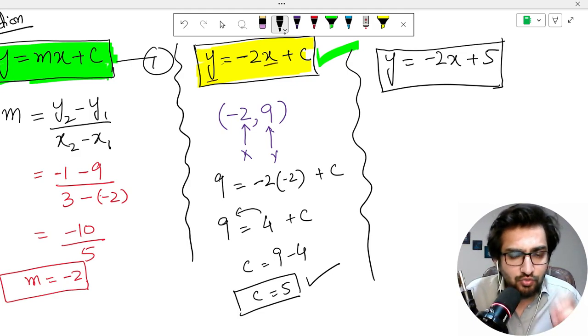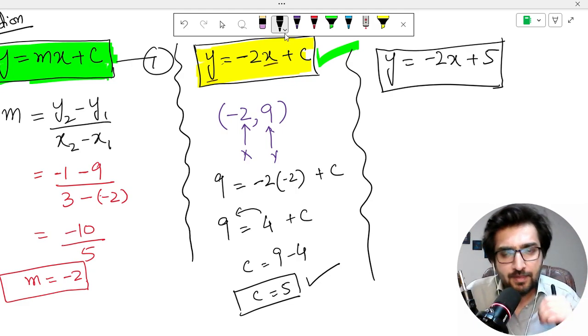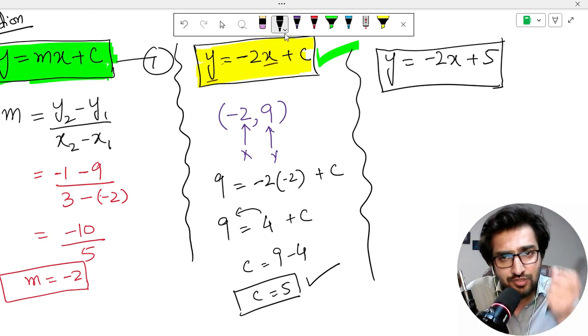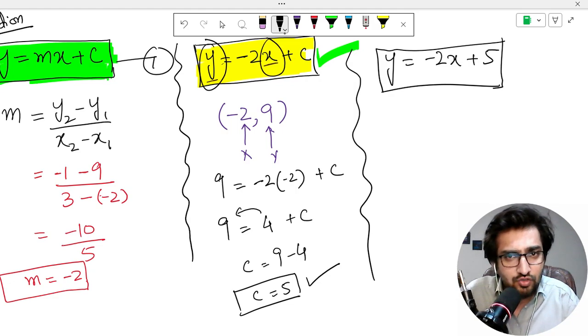So in this question you have learned a third method, and the third method is sometimes 2 points would be given to you. So from those 2 points you can easily find out the slope or gradient. But c is not given, which is the y-intercept. So what you need to do, you need to take one of the points given and put it in place of y and x in the equation after putting the gradient in that.